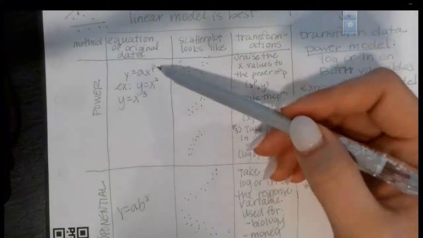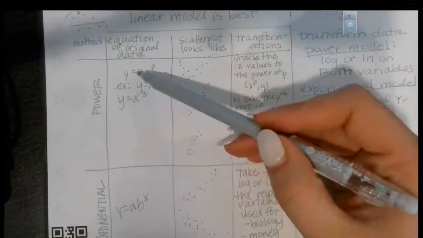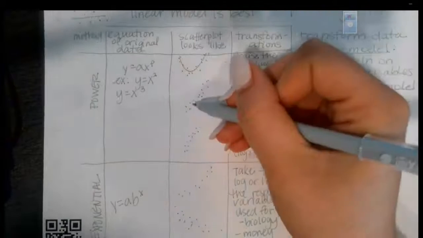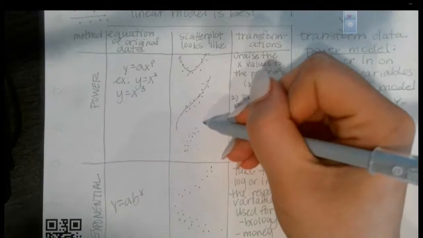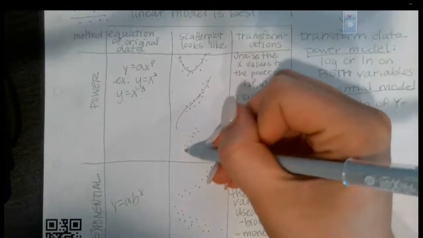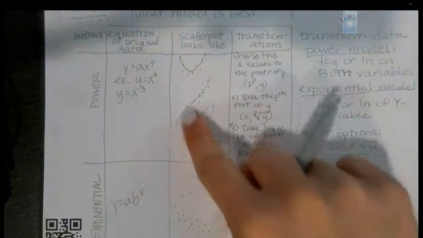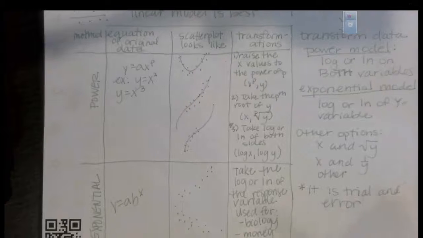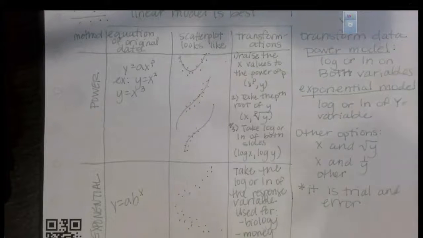So if you know that it's a power, which is ax to the p, it could look like this. It could be part of a cubic, or so it just depends. You're looking to see what would make it the best fit, and you can play around with your calculator whenever you're looking at the scatter plot.